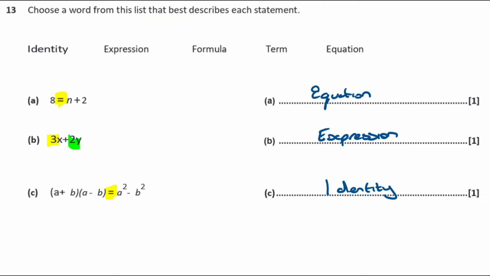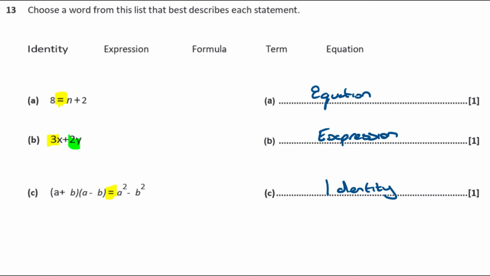For instance, 8 equals n plus 2 is true when n is 6, since 6 plus 2 is 8. But if n had any other value, it wouldn't be true. If n was 3, then 3 plus 2 is not 8. So equations tend to work for one or two or some values of your unknown.